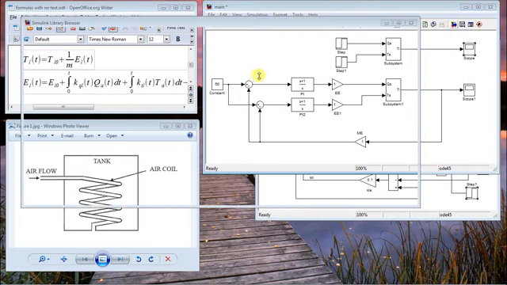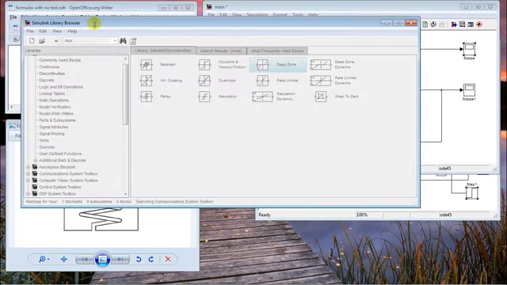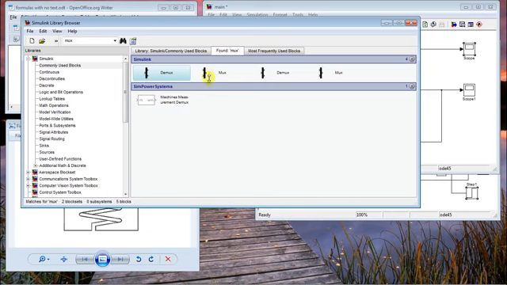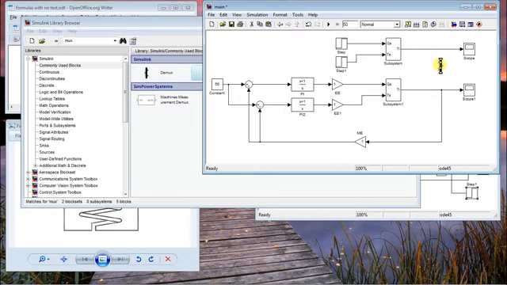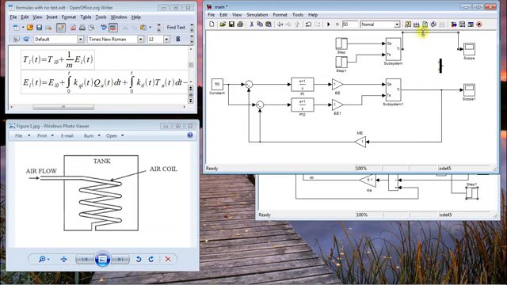For that I'm going to use a multiplexer. I'm not going to use this scope anymore.